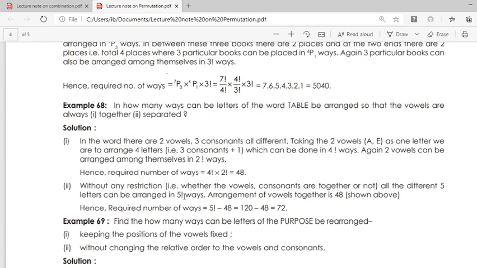So there are going to be 5 factorial ways. Now, when the vowels are together, it is 4 factorial times 2 factorial. So the ways you can arrange the letters of table with the vowels separated is 5 factorial minus 4 factorial times 2 factorial.